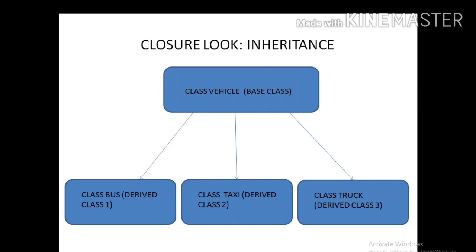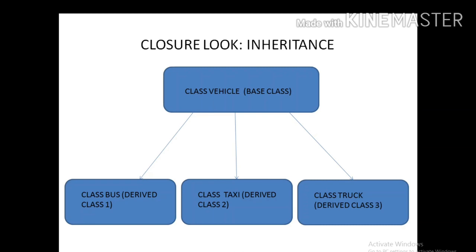Now we will see what inheritance means. As in biological inheritance, we can create a new class in Java, inheriting or borrowing properties from an already existing class. As we can see in this slide, a vehicle class is already there.